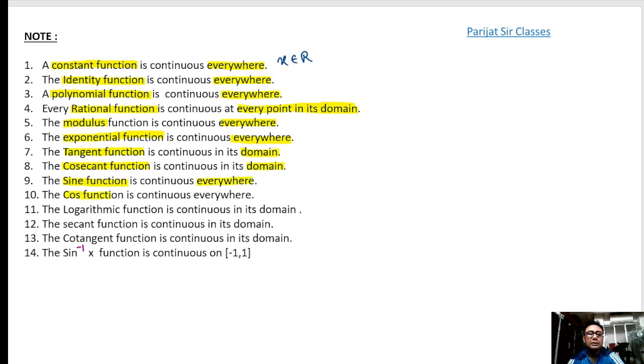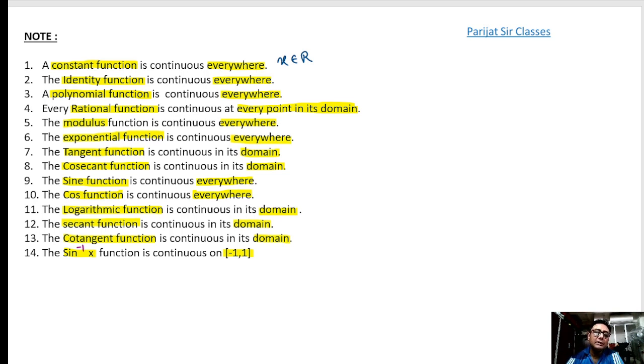Cos function is continuous everywhere. Logarithmic function is continuous in its domain. Secant function is continuous in its domain. Cotangent function is continuous in its domain, and sine inverse function is continuous in its domain.